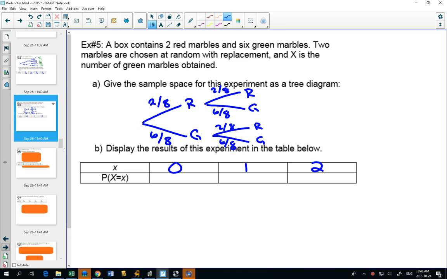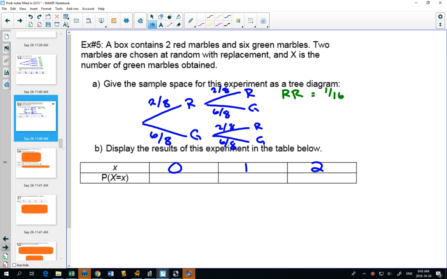This time, though, the probability isn't just based on the total number of things in the sample space. Because the red-red possibility is going to be 2 out of 8 times 2 out of 8. Are you okay if I reduce those to 1 over 4 and then multiply them to get 1 over 16?